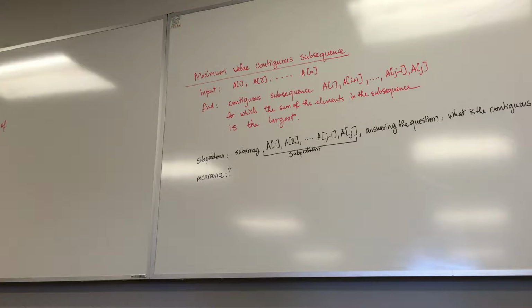The reason you want that is that if you don't end at AJ, you can't grow it, you can't do a recurrence. To grow your array from something you know to one more, you can't skip the one at the end, because we want contiguous subsequences.